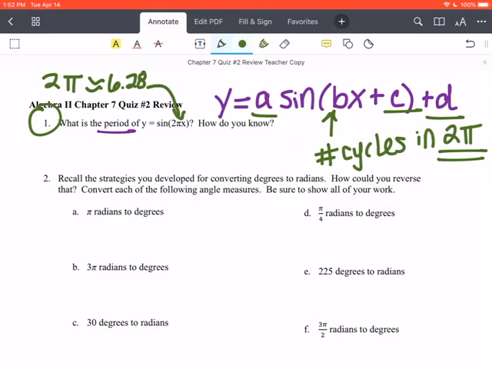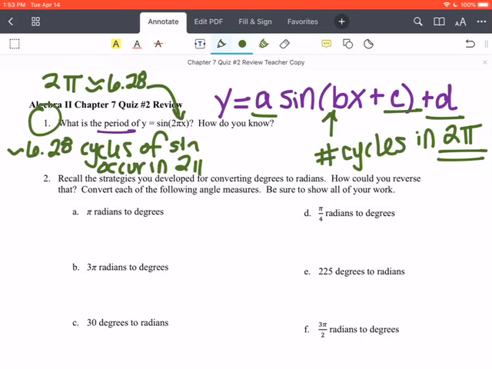Okay, so we can say about 6.28 cycles of sine will occur in 2 pi, but the big question that we need to answer is, what is the period?